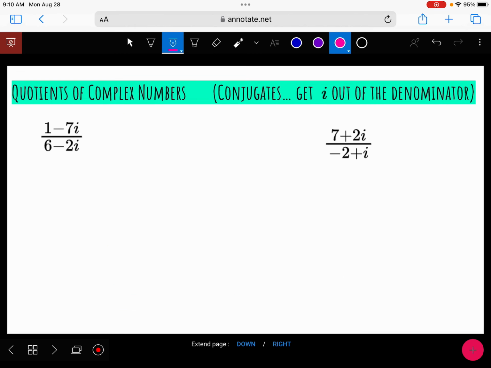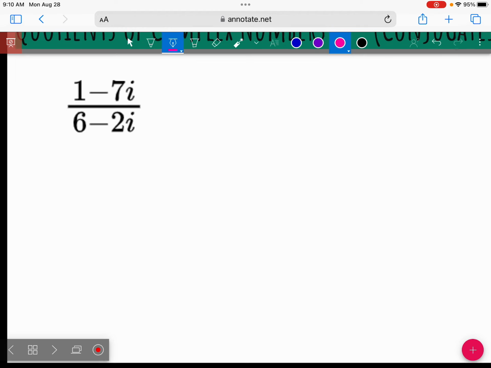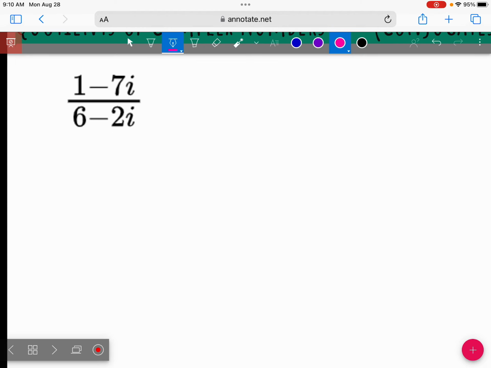Dividing complex numbers, I mean, we'll have more things, but they don't get messier than this on the quotients of complex numbers. It'll have a different title. The conjugate thing doesn't get more complicated than this, as far as I'm aware.